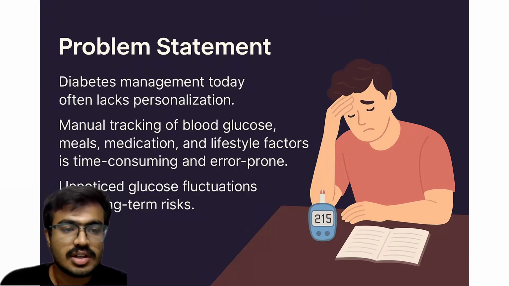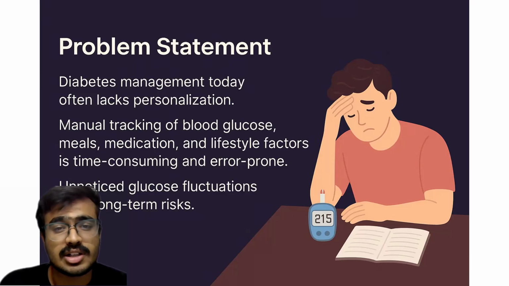The major factor is the unnoticed glucose fluctuations throughout the day when the person is not measuring at that point. These unnoticed fluctuations pose long-term risks. Also, a person can land in a hypoglycemic crisis if they take a dose of insulin when it is not actually needed.